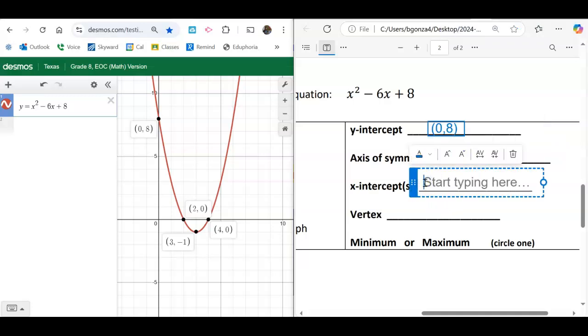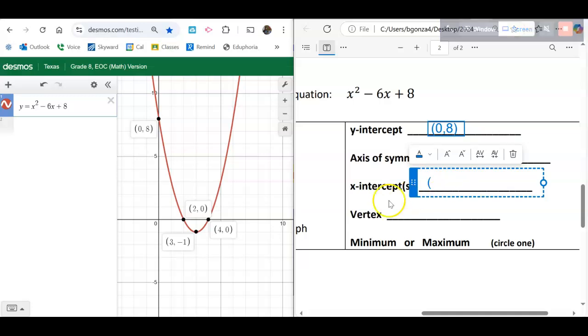Okay. What about the x-intercept? So the x-intercept is 3, -1.